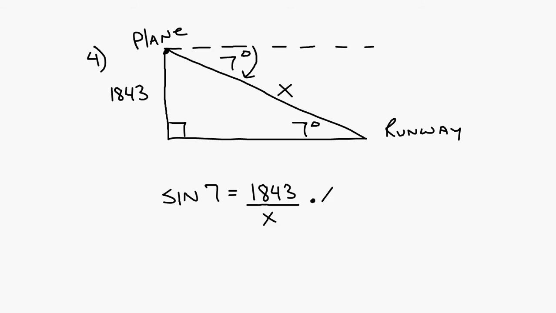If you clear the x and divide by sine 7, then your x is going to be equal to 1843 divided by sine 7.